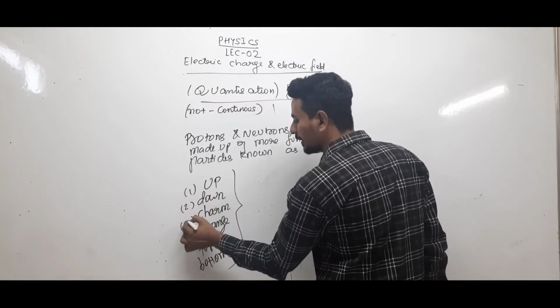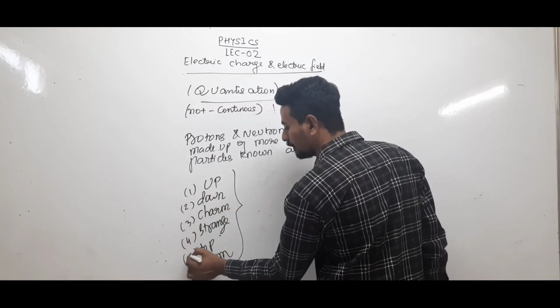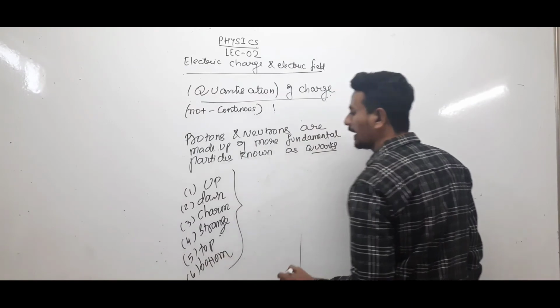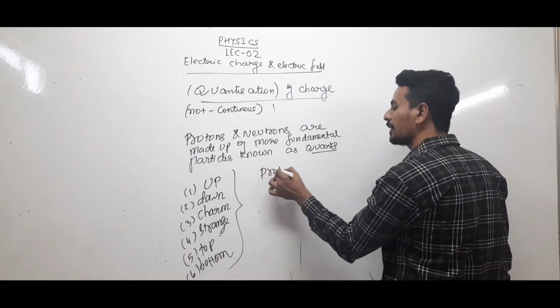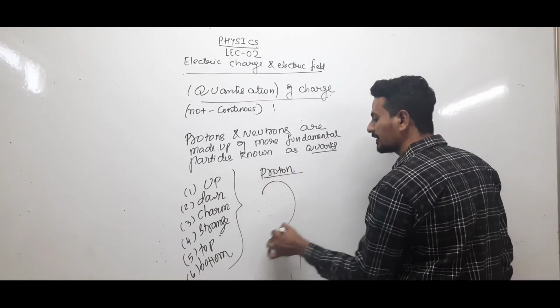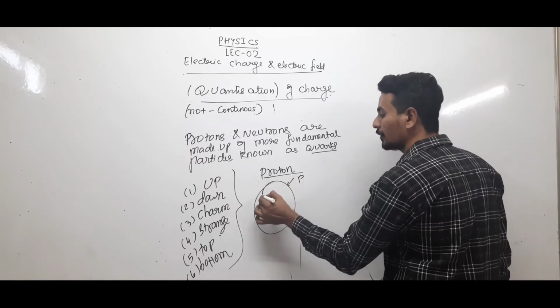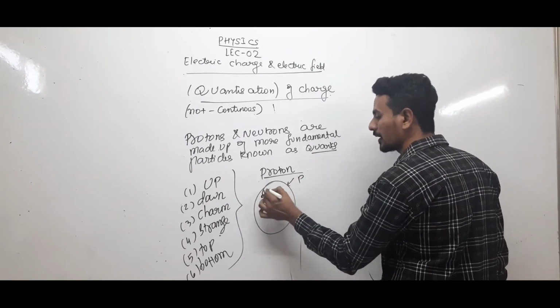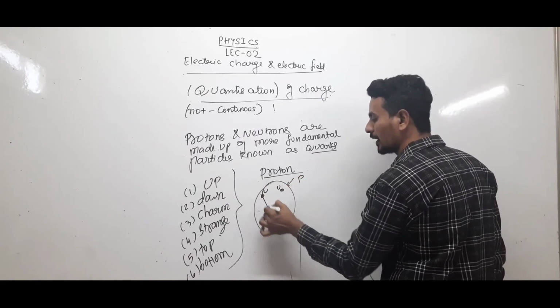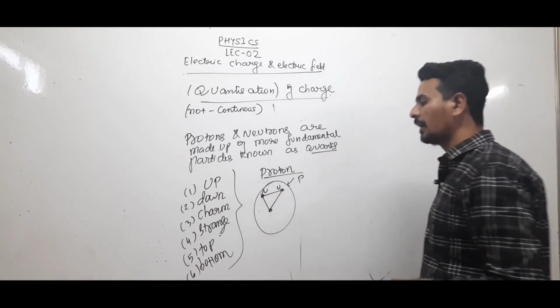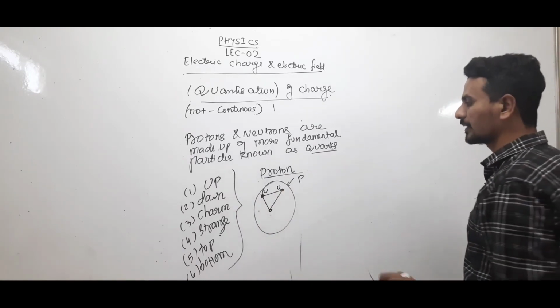Quarks don't have independent existence, they will always be in combination. Like if we take the example of a proton, inside the proton there are 2 up quarks and one down quark.